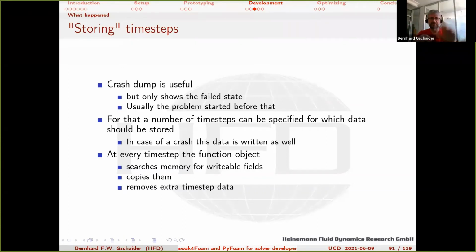Give me all the fields, give me the velocity, the pressure, etc. And it copies those fields to a separate location. If at the next time step the solver crashes, then it says, okay, I've got the fields for time step 0.1. I'll now write to the directory 0.1 all the values it has there. If it's told, for instance, that it has to store 10 time steps, and if that limit is reached, then it says, okay, let's forget the old 0.1 time step. We're much further. We won't need this anymore.